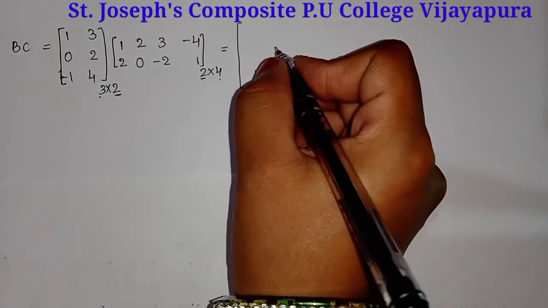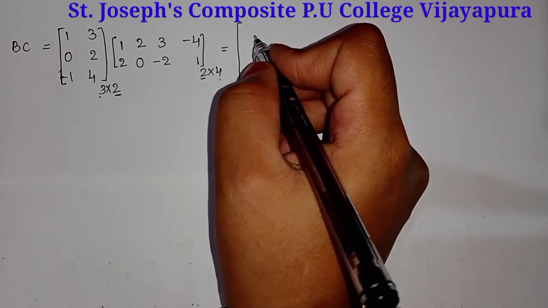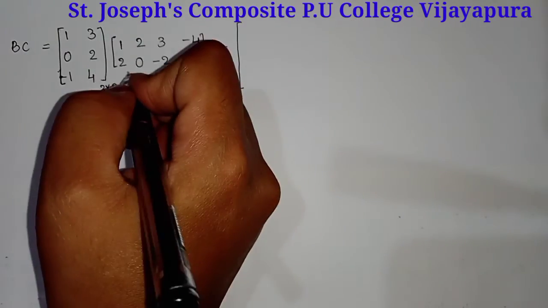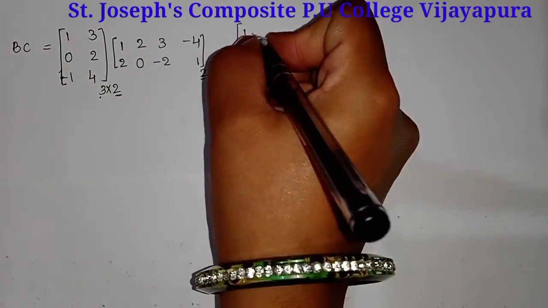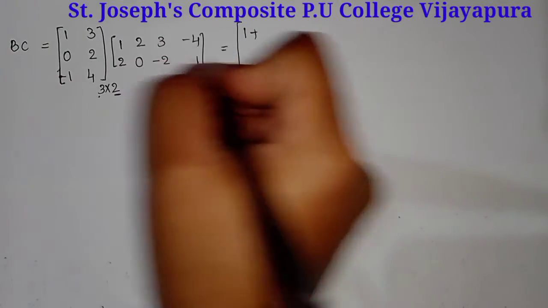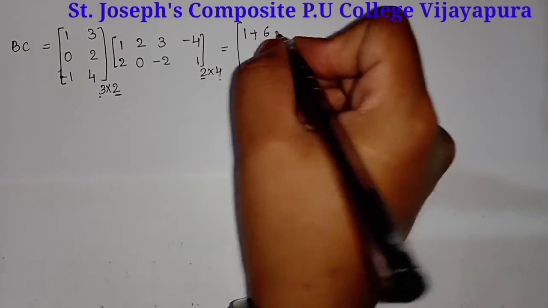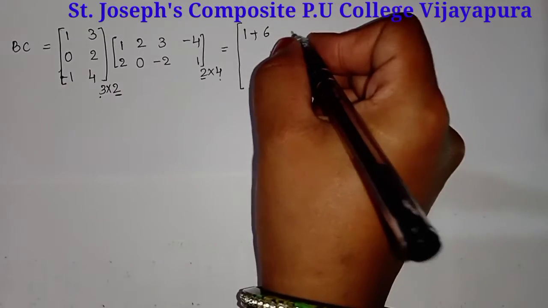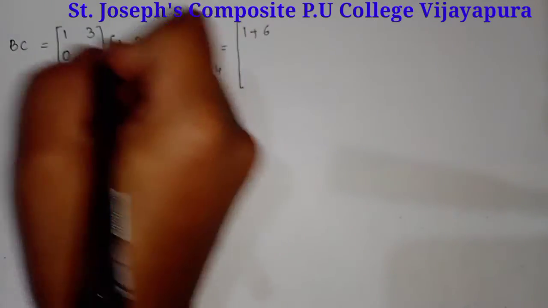So, for the 3 by 4 matrix, our first element will be A11. First row, first column, 1 into 1 is 1 plus 3 into 2 is 6. Next is A12, which means first row, second column.